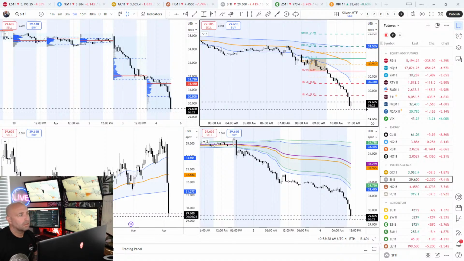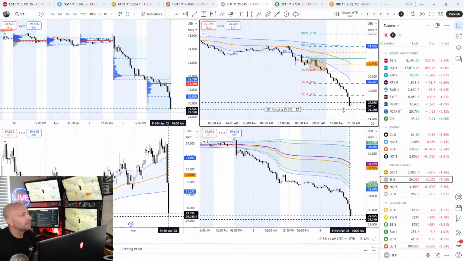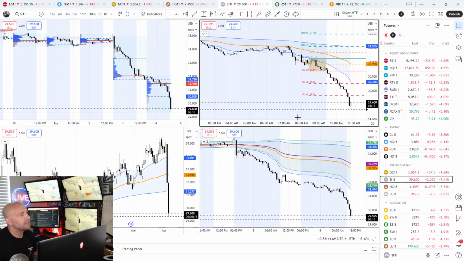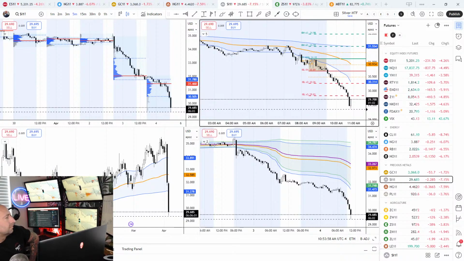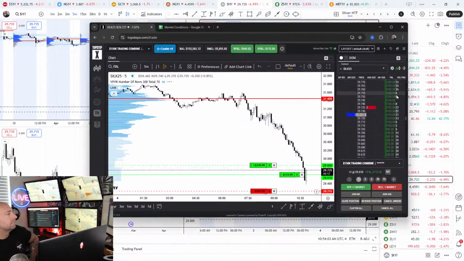Order filled. Look where I set my alert, guys. Came within 2 ticks of my alert. 1 micro on silver.